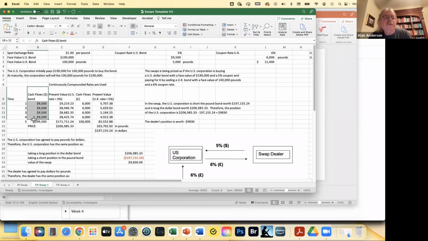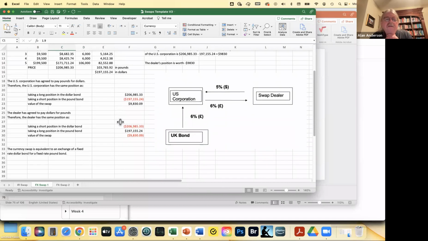So that's why this chart tells us what we need to know. Here's the cash flows from the dollar bond, which we now own. And here is the pound bond, which we now have sold. And so the value of the swap comes down to the difference in the prices of the two bonds as of today, which is why we're using the current spot exchange rate.